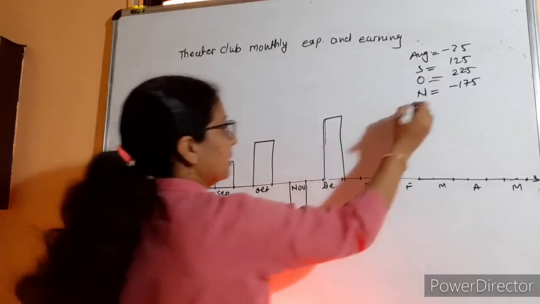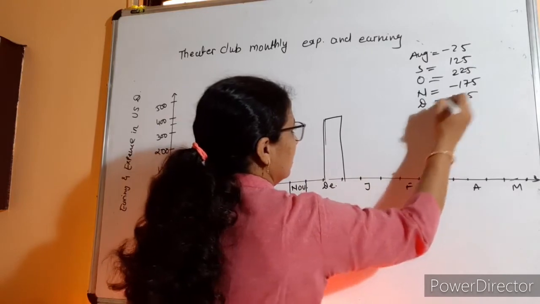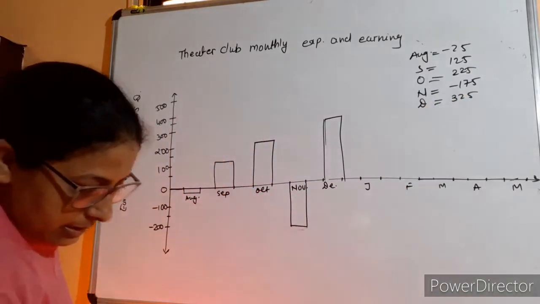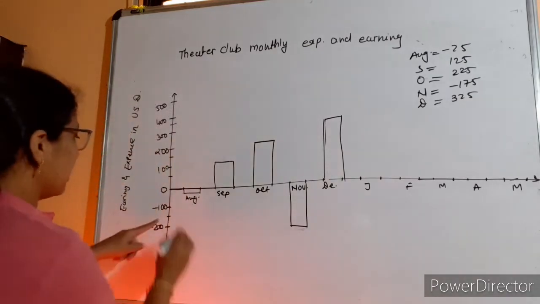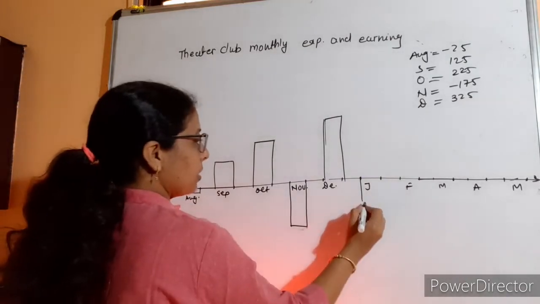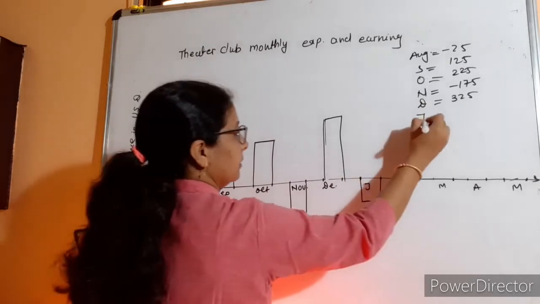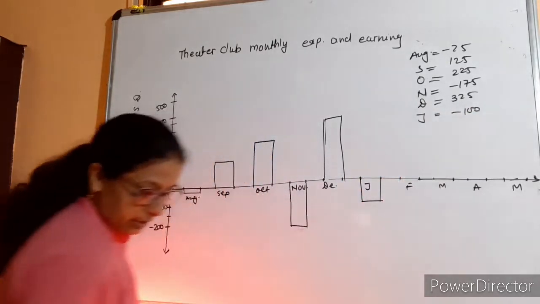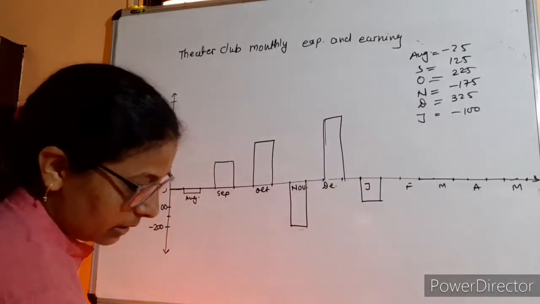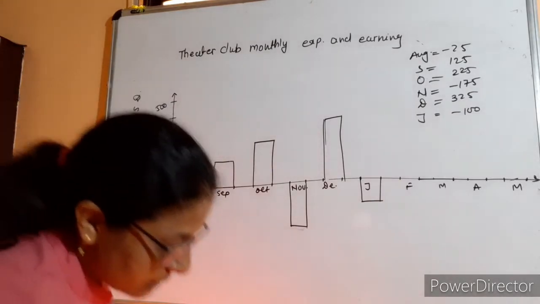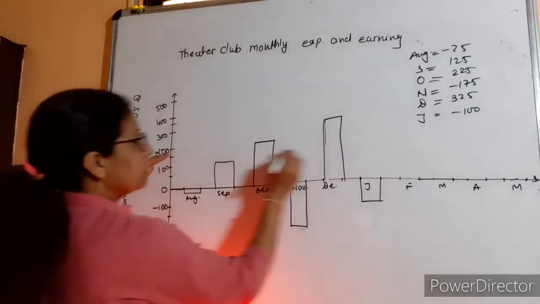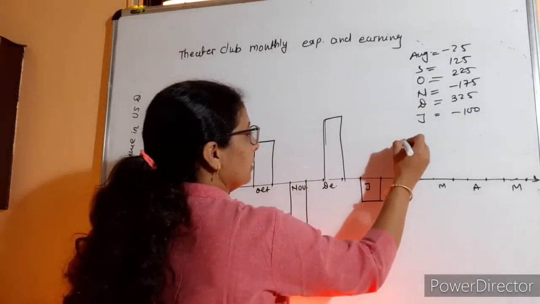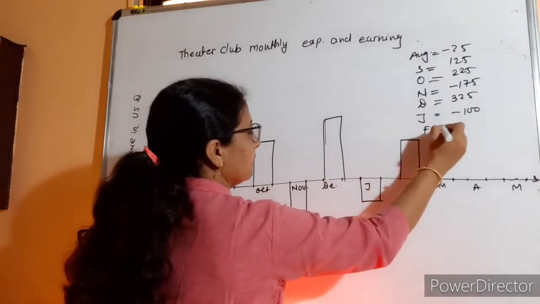This is December, 325. In January it is minus 100, again that goes to loss. Then February it is 175.